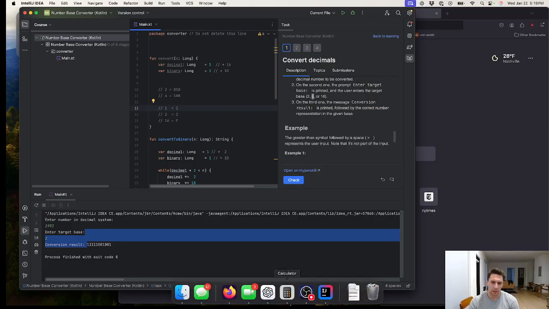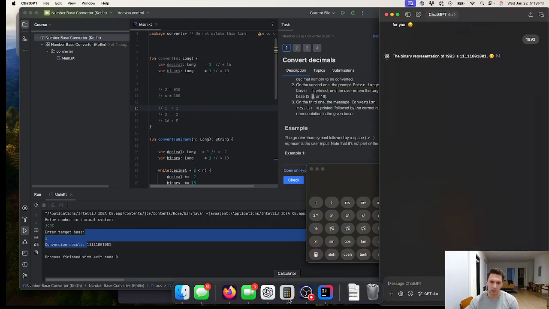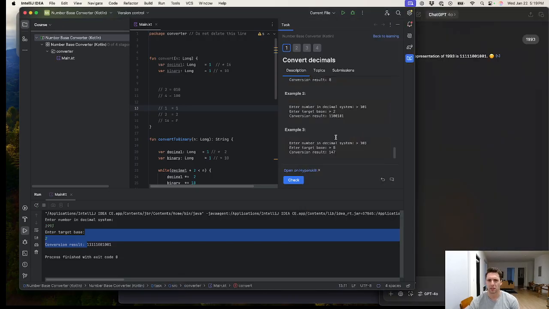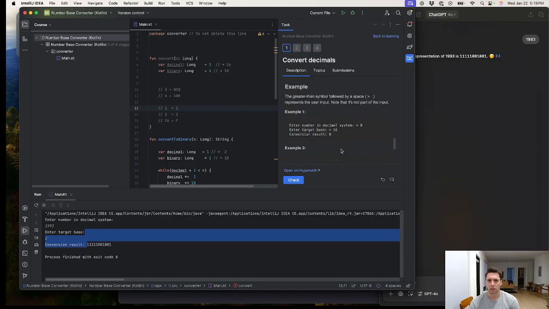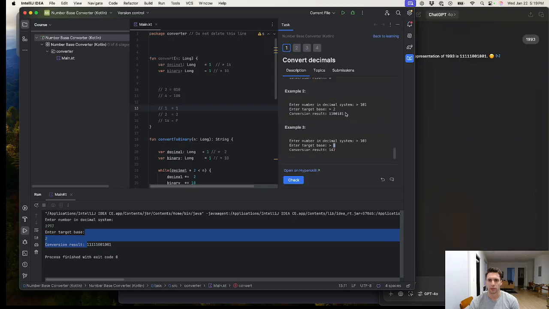What about, can you convert numbers to hex? Let's see. Or here, is there an example here? Not a very good one. What is that?